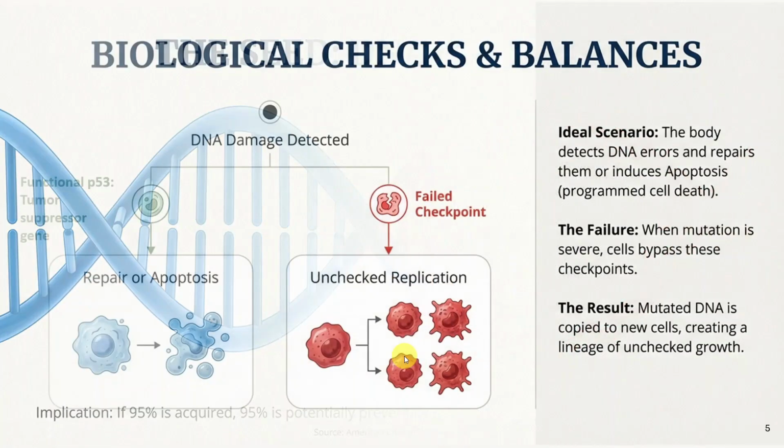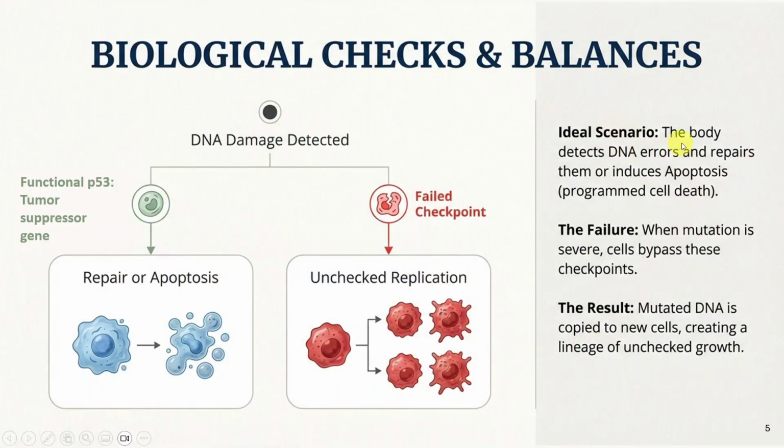The biological checks and balances. The ideal scenario is the body detects DNA errors and repairs them or induces apoptosis, which is programmed cell death. The failure, which is here, this failed checkpoint, it says unchecked replication, is when mutation is severe. Cells bypass these checkpoints.